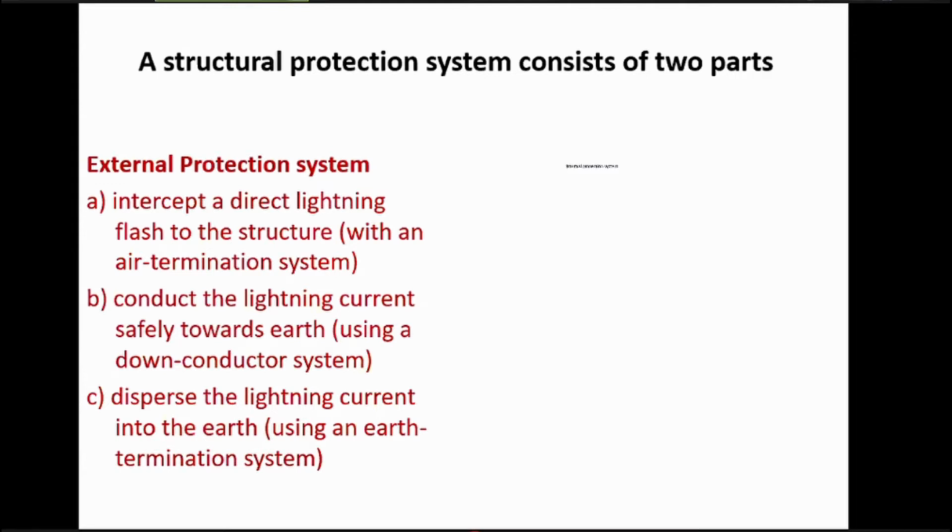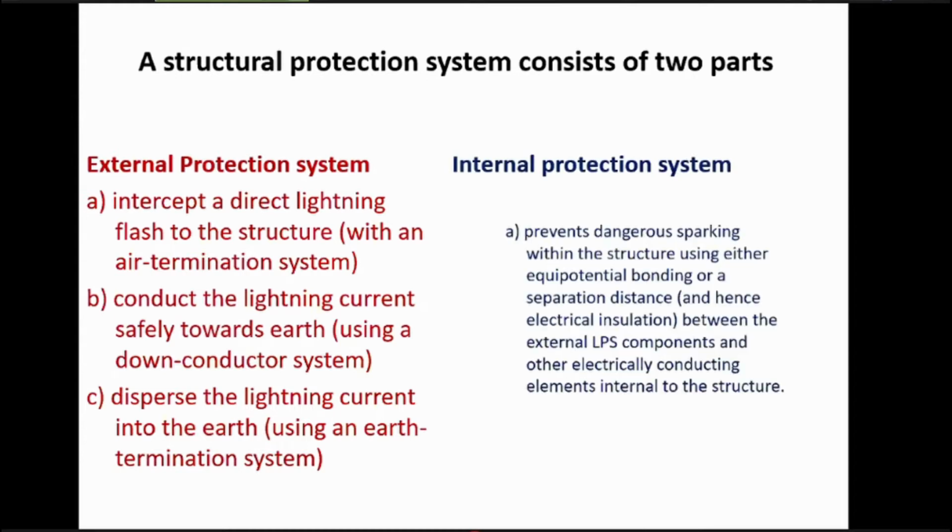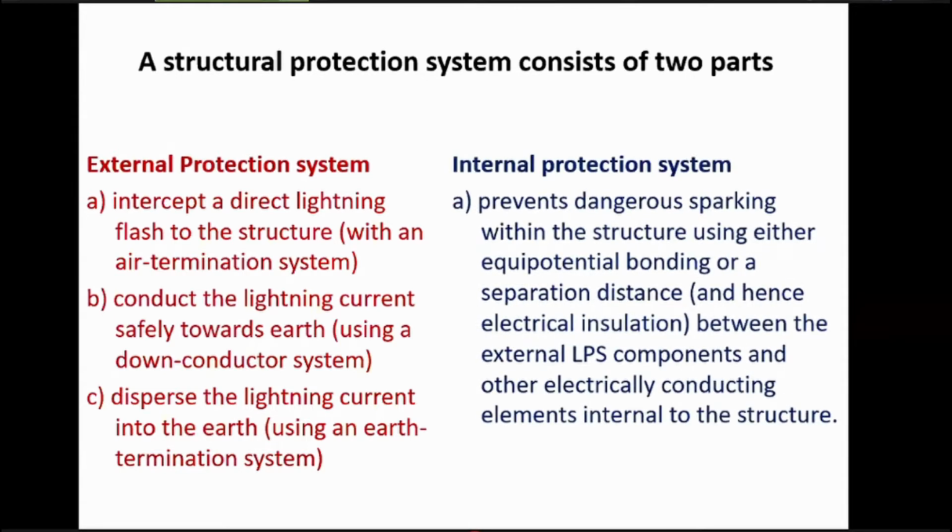Apart from that, we have the internal protection system. That is, either we bond the metallic parts into the lightning protection system to avoid arcing, or we keep them separated by a certain separation distance.